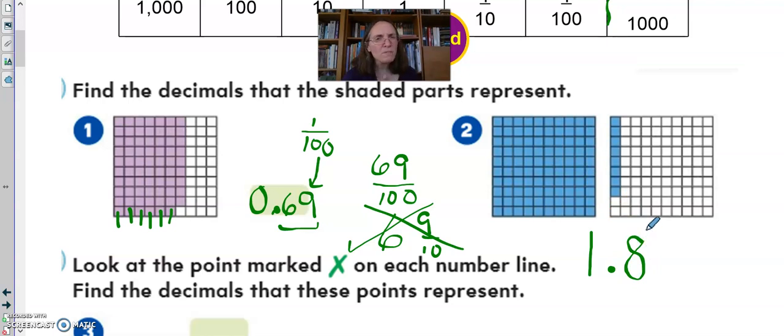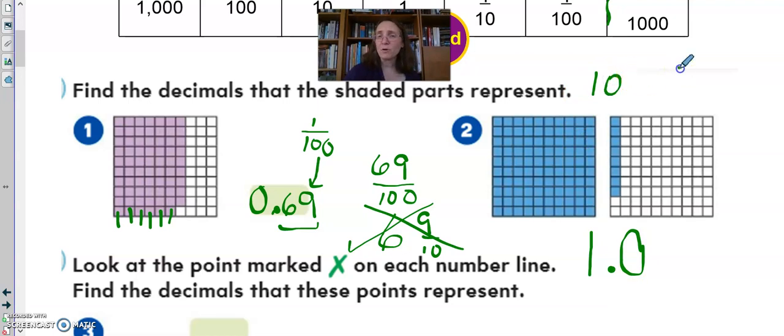You might think, Miss Foster, in your last decimal lesson, you said that this would be 1 and 8 tenths. You were right. We can't put the 8 hundredths there because they're not tenths, they're hundredths. And so once again, our hero 0 will be coming along to tell us that there aren't any tenths here. Just like in the number 10, there are no single ones.